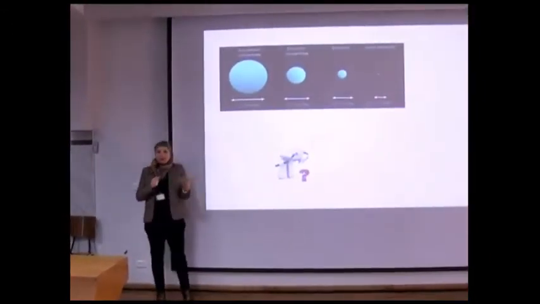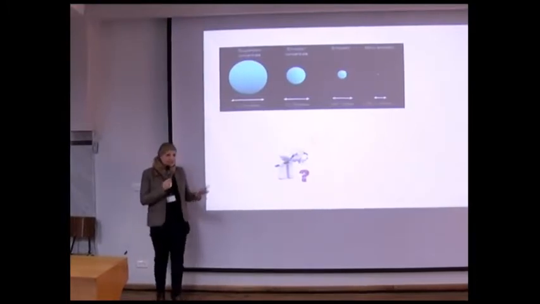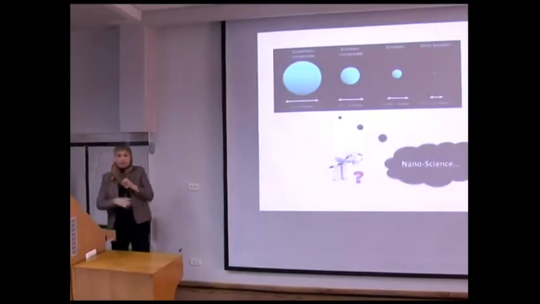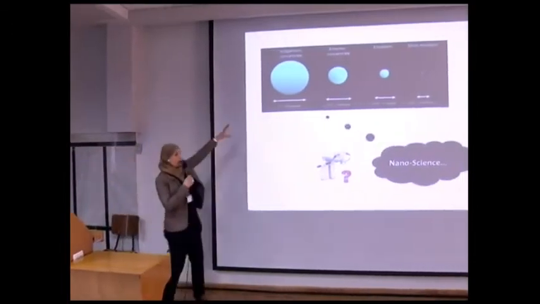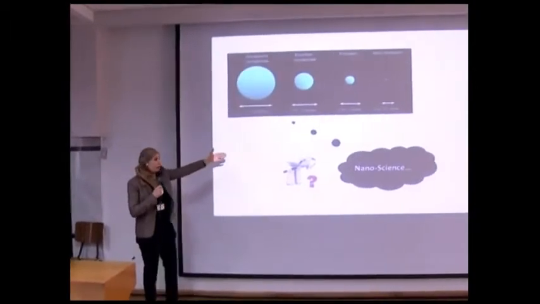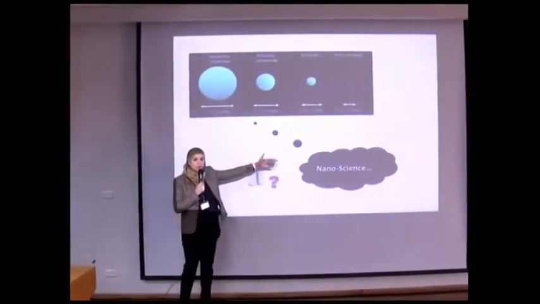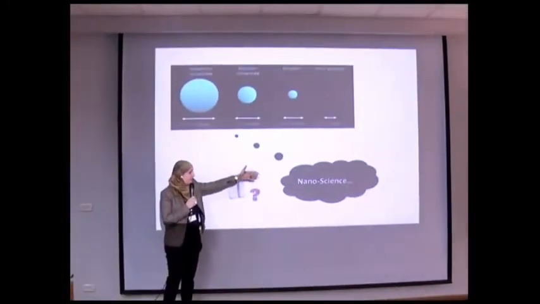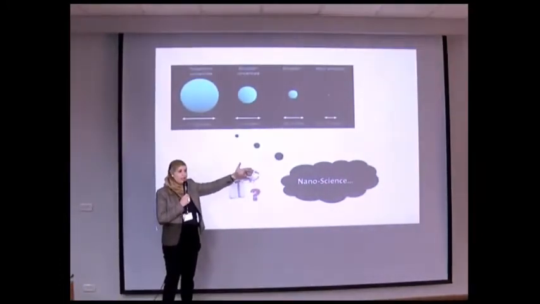Could we get anything here? The answer is yes, because if we succeed to reduce the size of the spherical structures from micro to nanometer scales, we are getting now to the field of nano science.